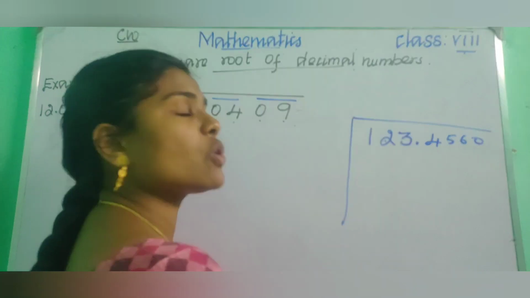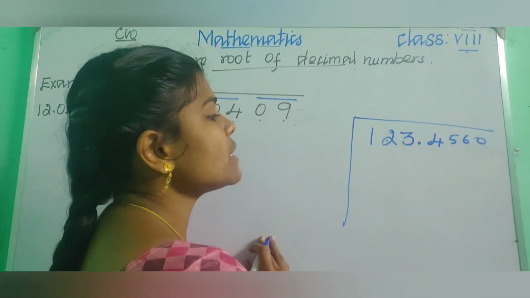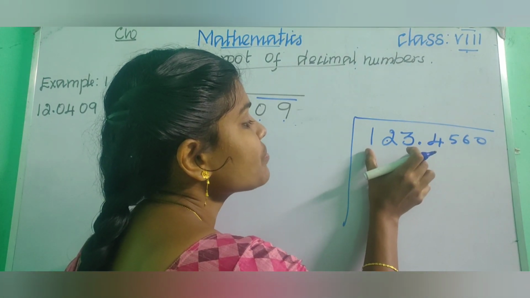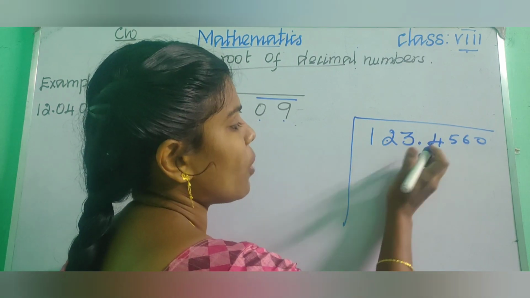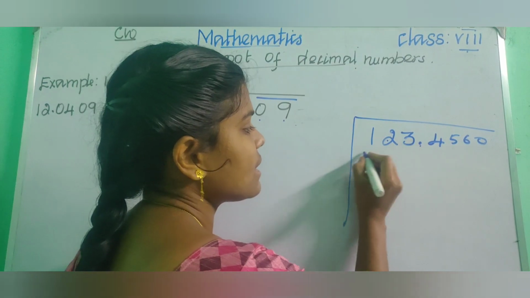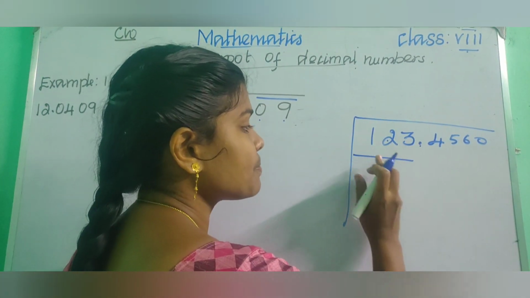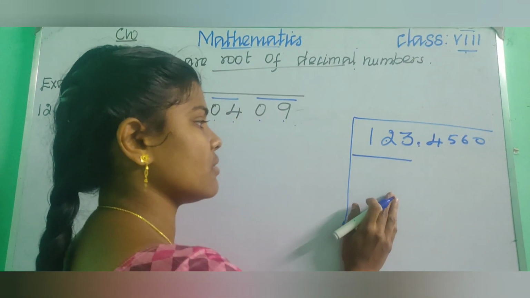So for this also we need to insert bar. We are going to do the long division method for decimal numbers. So let's see how we need to insert the bar. For the numbers which are before the decimal point, we are just considering this part. So for this we need to just insert the bar as in the normal long division method.